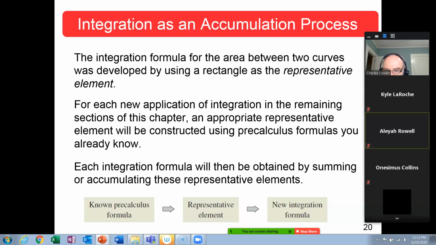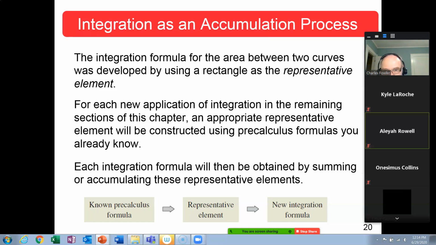Each integration formula will then be obtained by summing or accumulating those representative elements. So this is a little bizarre. What we're going to do is take a known pre-calculus formula, identify a representative element, and lead to a new integration formula.